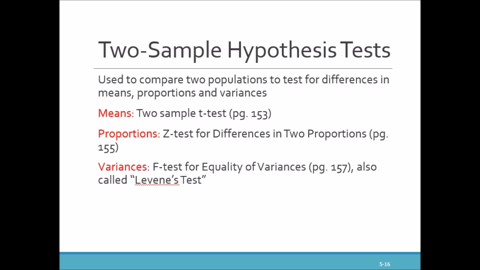Proportions would be a z-test for differences in two populations' proportions, and variance would be your F-test for equal variance. So we also have to adapt our t-test if we assume that the two samples have unequal variance.